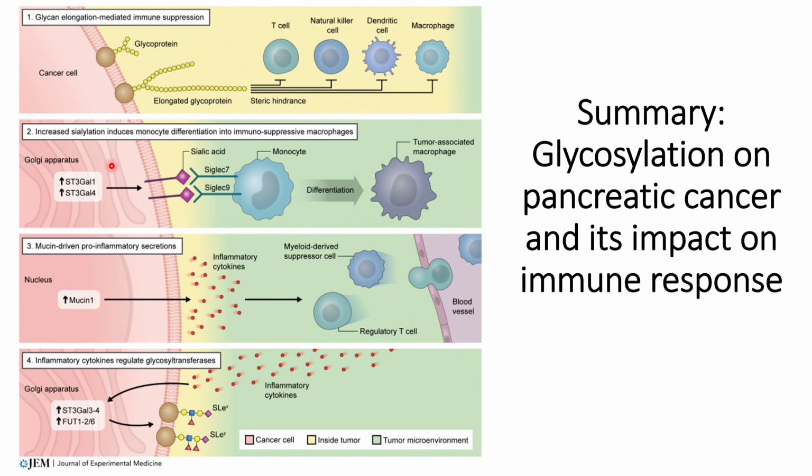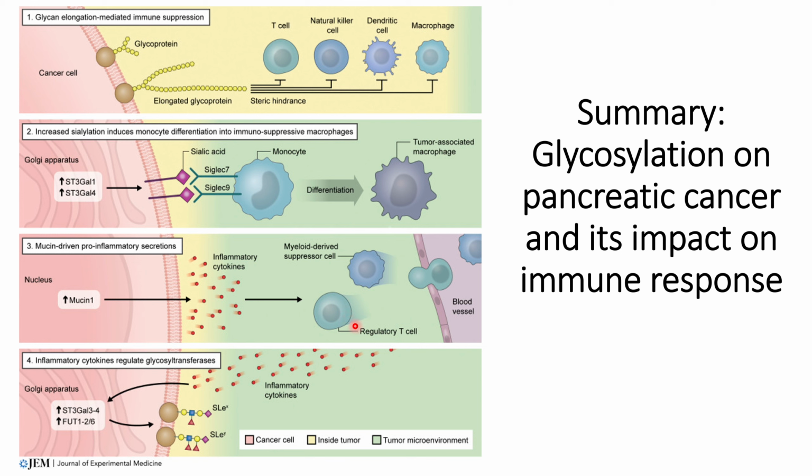This is the second perspective, and the next one is mucin derived pro-inflammatory secretions. There is upregulation of mucin 1 within the pancreatic cancer cells, which causes a release of inflammatory cytokines. These inflammatory cytokines lead to the generation of regulatory T cells and myeloid derived suppressor cells, and both of these have the function of controlling immune activation.